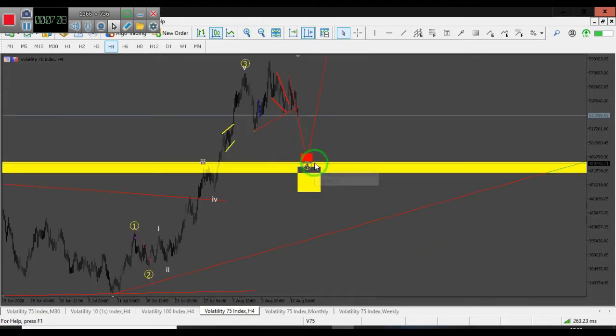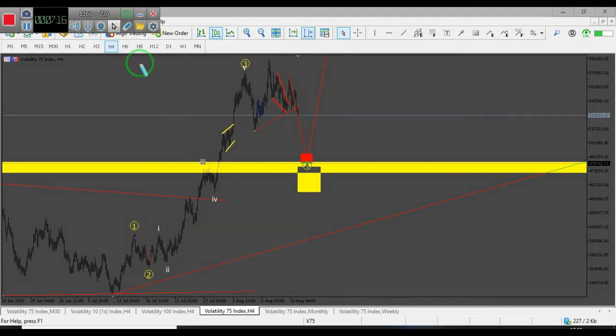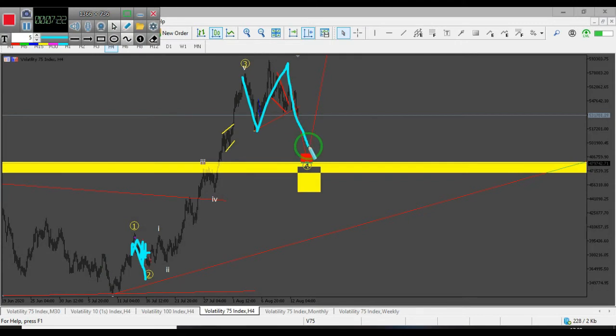The reason why I plotted my wave 4 here is that there should be alternation between wave 2 and wave 4.